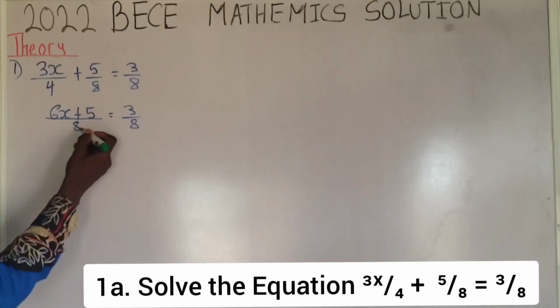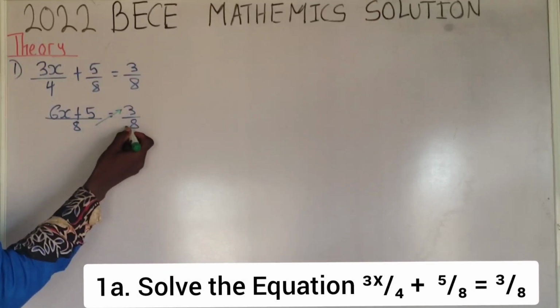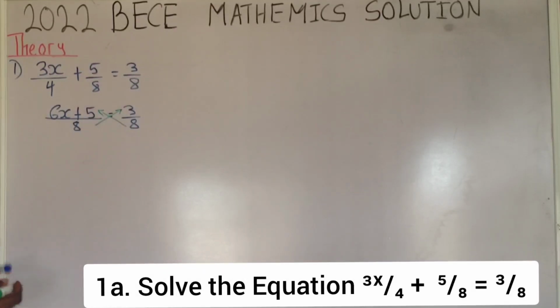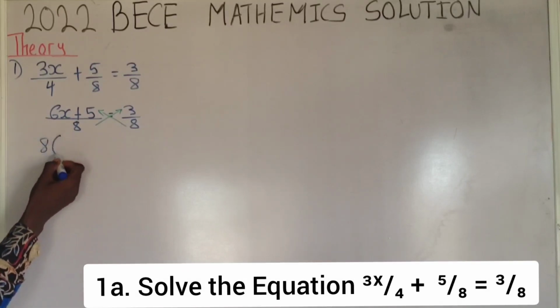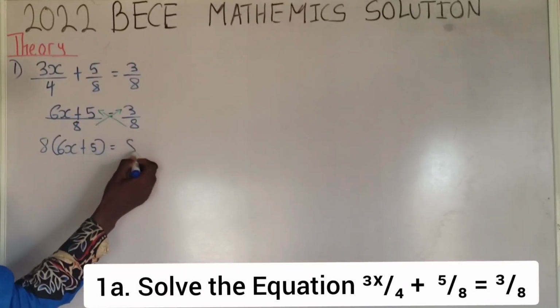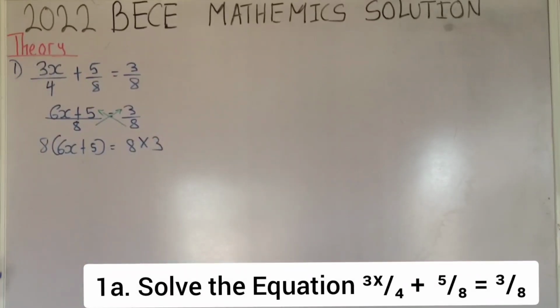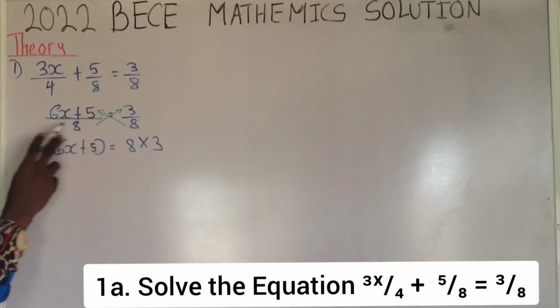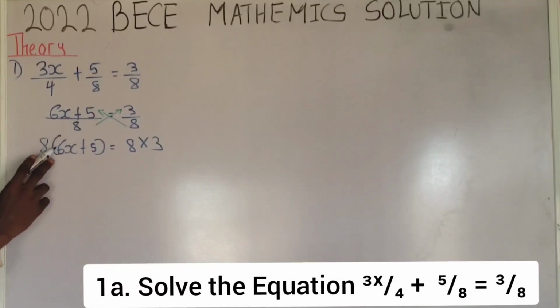That is, this 8 will multiply this 3, and this 8 will multiply 6x plus 5. So we are going to have 8 multiplied by 6x plus 5 equals 8 multiplied by 3. Please pay attention. This 8 is multiplying 6x plus 5. That's why I put it in the bracket.